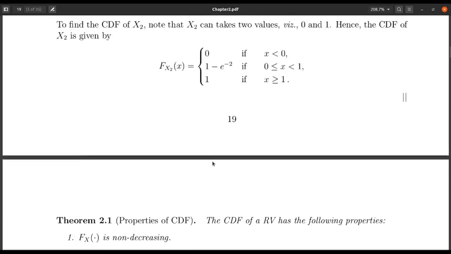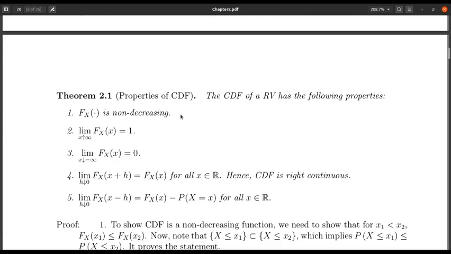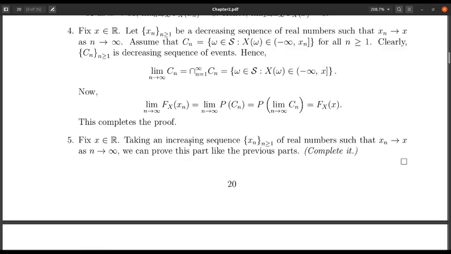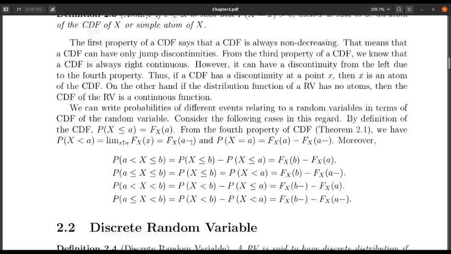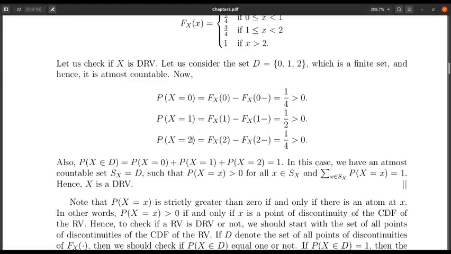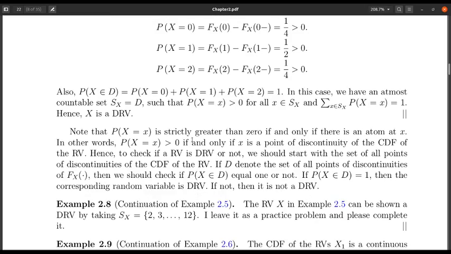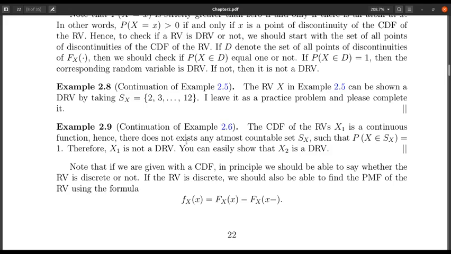Clear? So of the three examples we discussed in the last lecture, two of them are discrete random variables, whereas the other one is not.